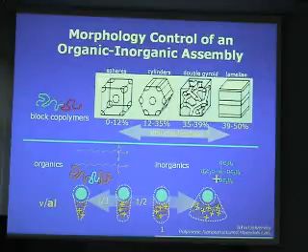As you can see, by changing the volume fraction of each block segment, we can change the morphology of the block copolymer from spheres to cylinders, double gyroid, and so on. As you know, we have this kind of morphology spectrum, and with the same concept, we can control the morphology of the organic and inorganic self-assembly.